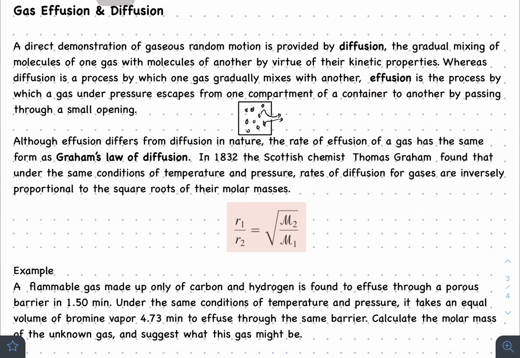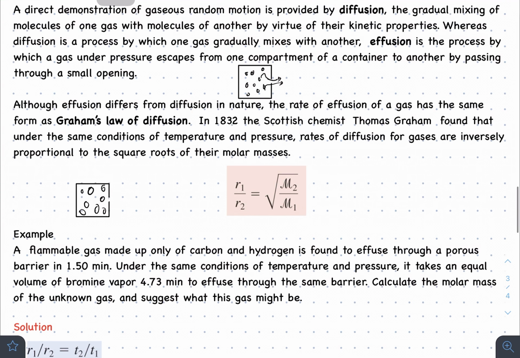For example, in the effusion model, it makes sense that bigger particles, meaning particles with higher molecular weight, will have a hard time to escape or to effuse from a compartment compared to the smaller particles or those particles with a lower molecular weight.